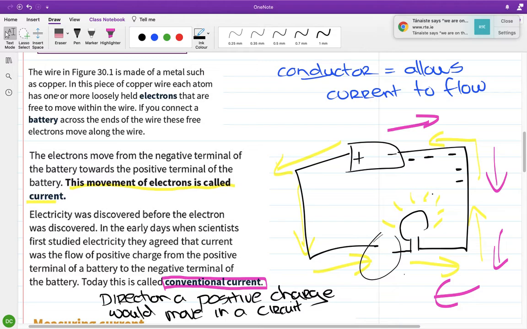So actual current, which is up here, is the movement of electrons. So that goes from minus to plus. Conventional current is the movement of positive charge, which goes from plus to minus. Okay?